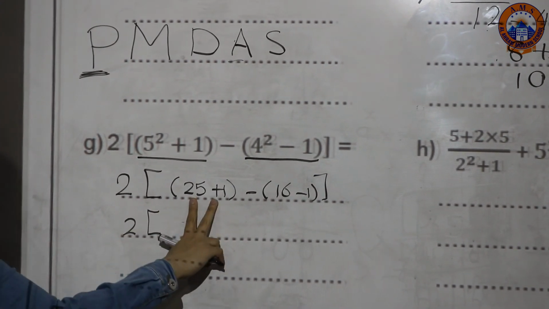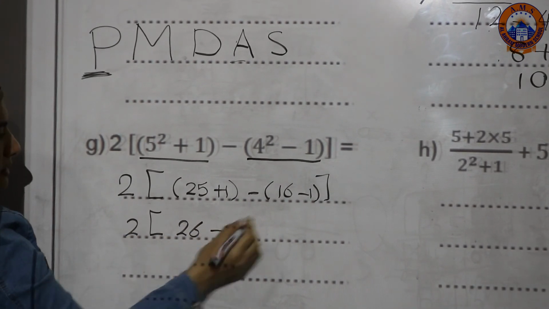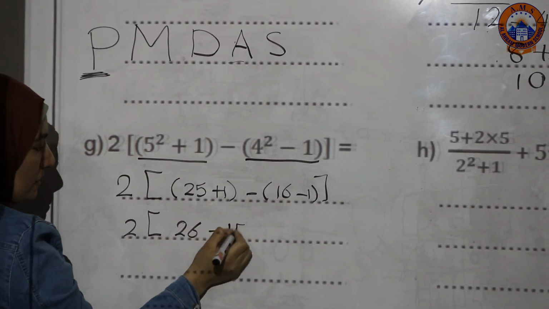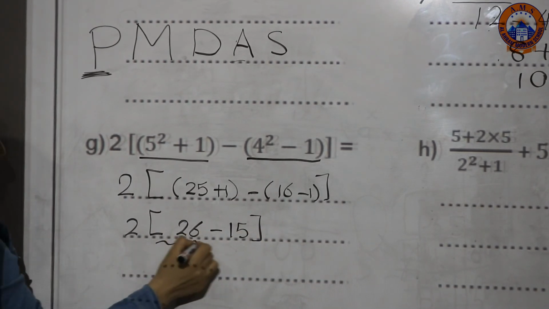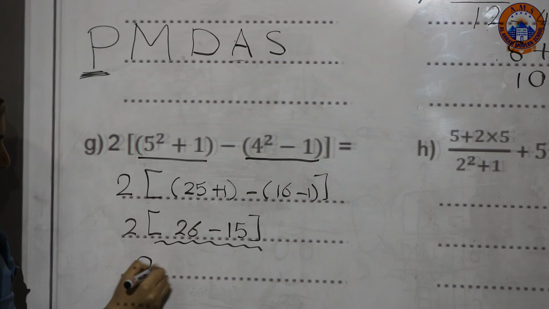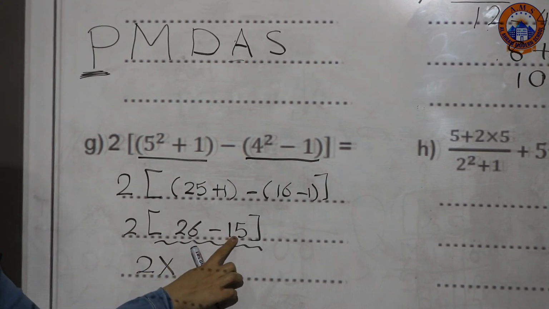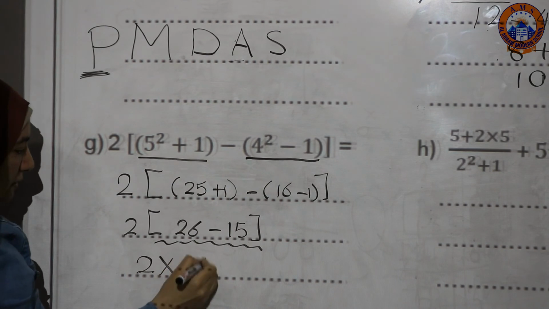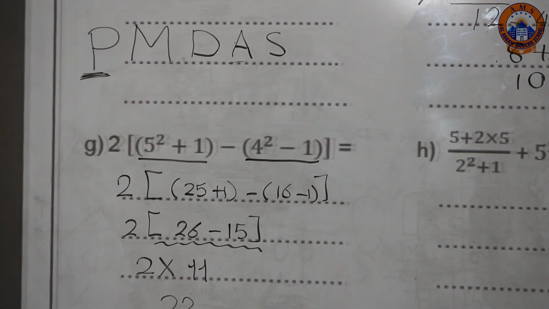I have to find the result of this bracket. It will be 26 minus the result of this bracket equals 15. Okay, now you have to find the result of this, so it will be 2 times 26 minus 15 equals 11. Yes, now 2 times 11 equals 22.